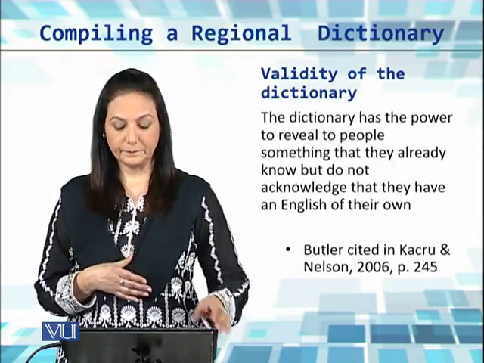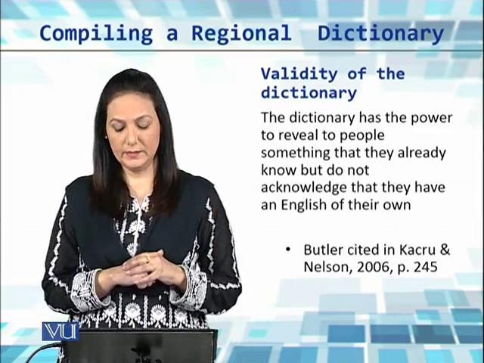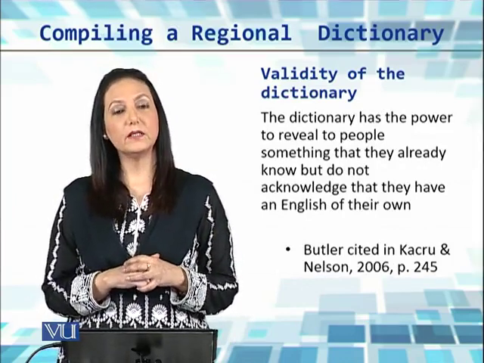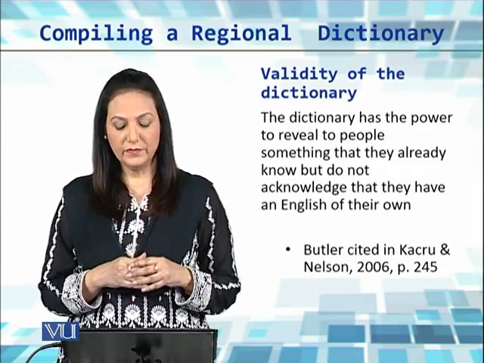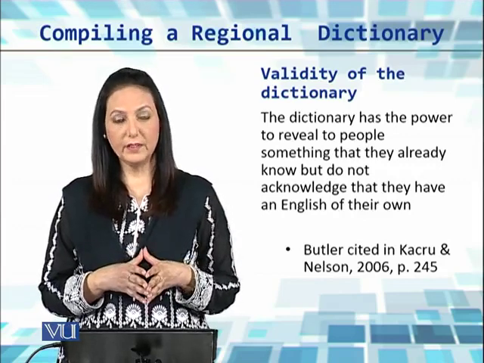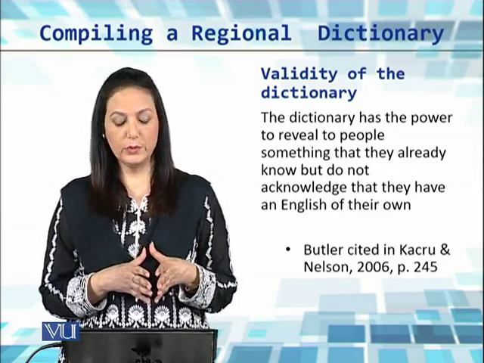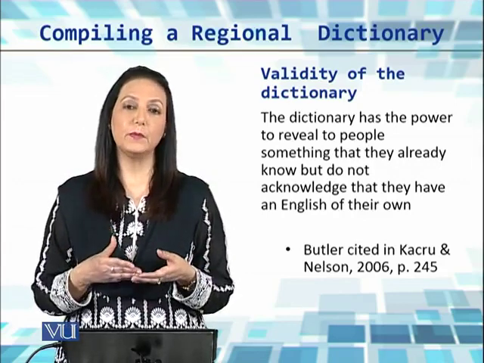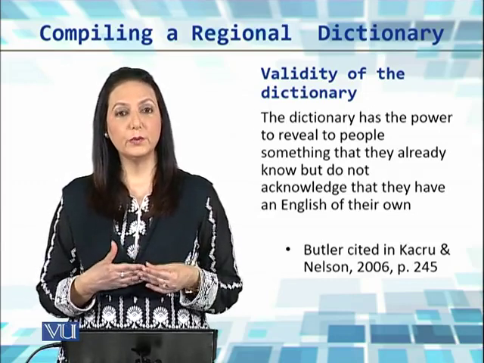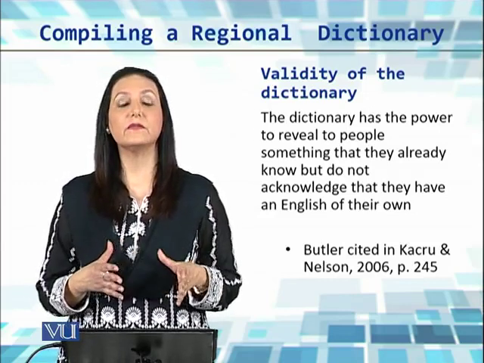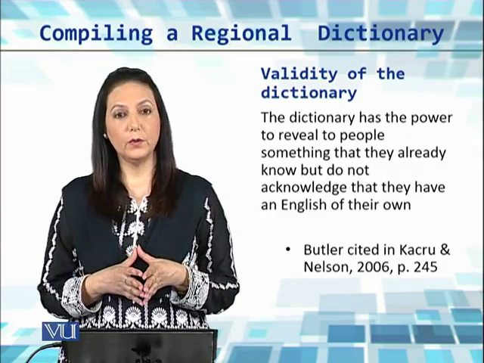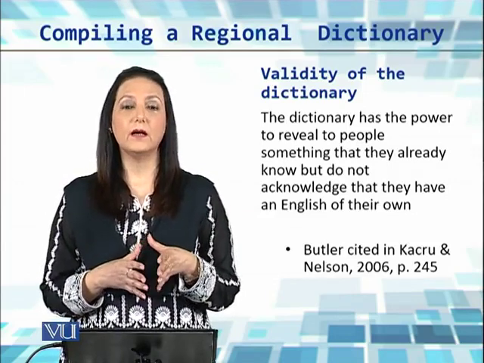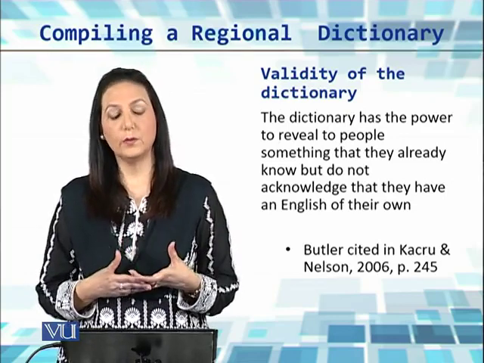According to Butler, cited in Kachru and Nelson, the dictionary has the power to reveal to the people something that they already know but do not acknowledge. So the dictionary has the power to force people to accept that they use a variety of English which is different from American or British English. Not only different, it is a variety of their own.